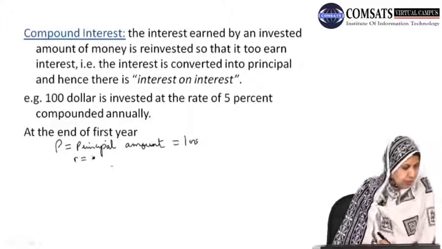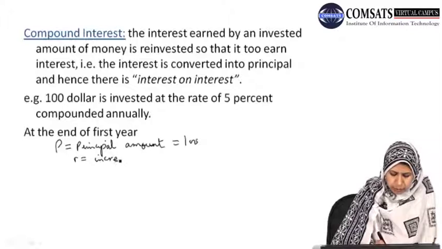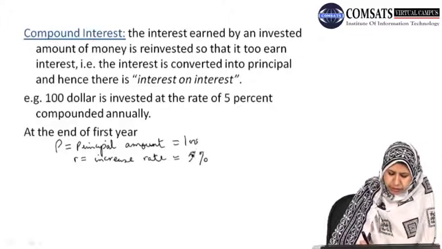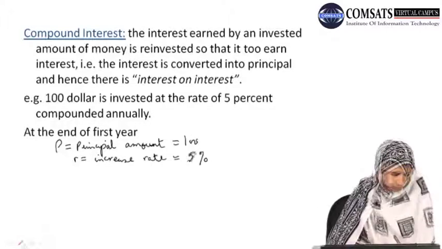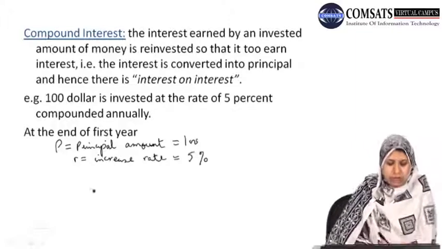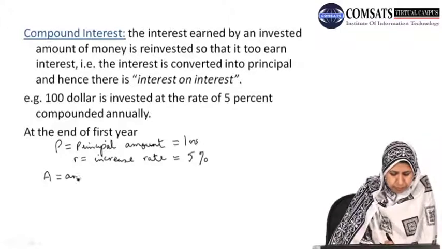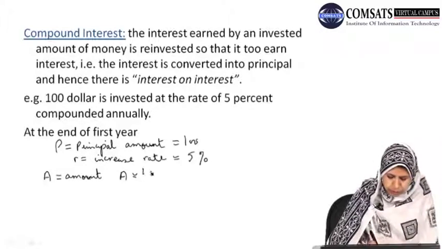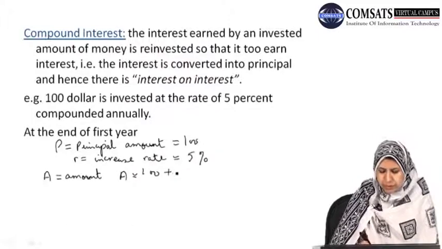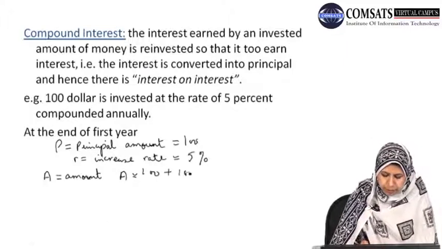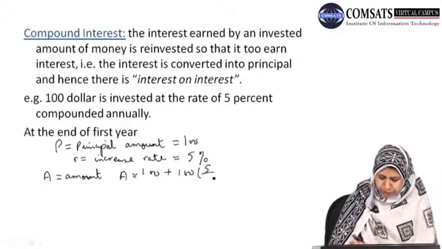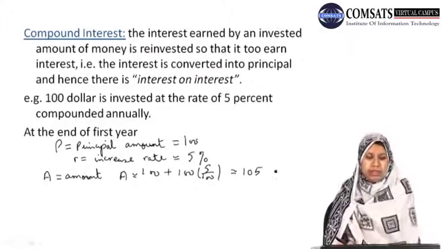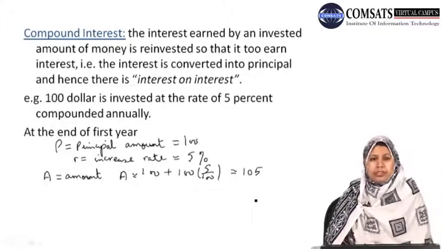So if R is the increase rate per year, which is 5%, then after 1 year, if A is the amount we will obtain, the amount will be equal to our principal amount plus the 5% interest on our principal amount, that is 5 by 100, and we obtain after 1 year the amount as 105.